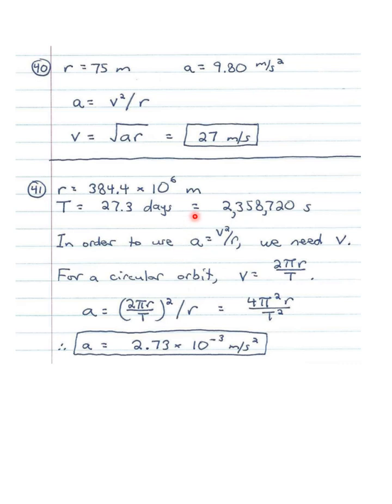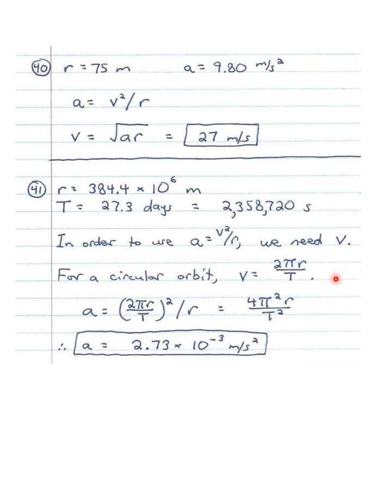We're given the radius, and here I've got it in meters, 384.4 times 10 to the 6th meters. The period is 27.3 days. We need to convert that. You should get 2,358,720 seconds. And I recommend finding v from that information.